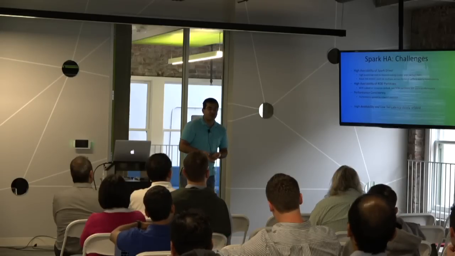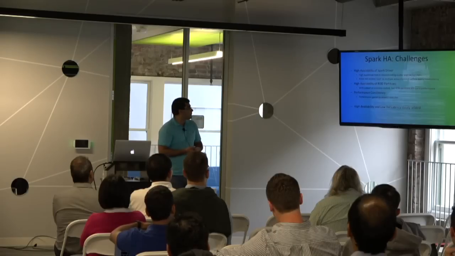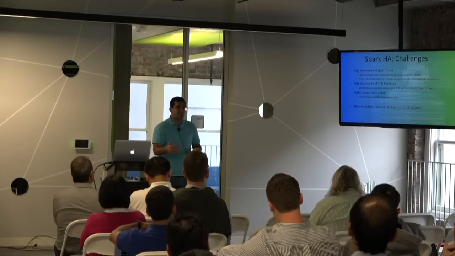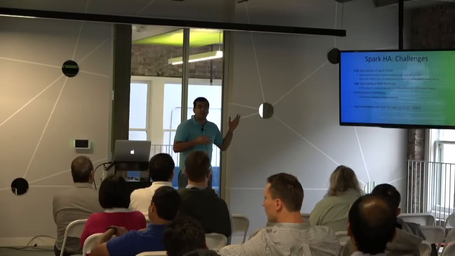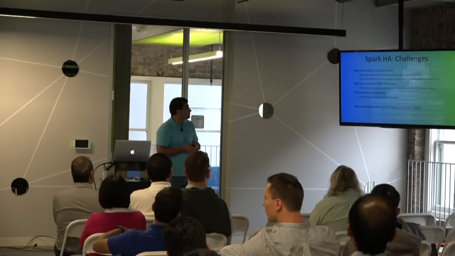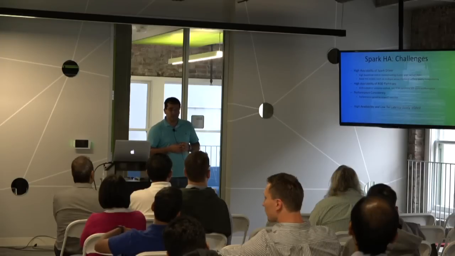You're as fast as your slowest executor. And again, because slow responses for us means non-availability, we clubbed together high availability and low tail latency issues. That's the reason they are very closely related.